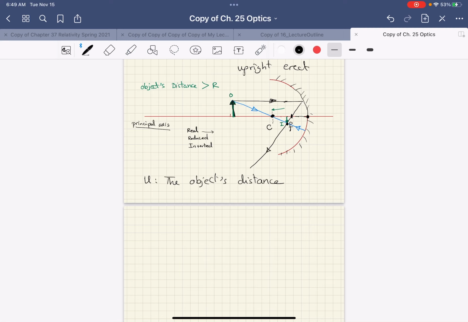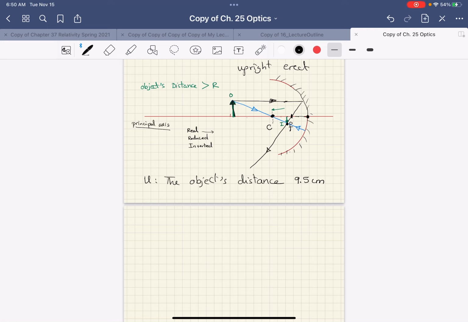If I calculate how many, 1, 2, 3, 4, 5, 6, 7, 8, 9, it's about 9.5 centimeters. It will not make a big difference, because my case is going to be verified: the object is sitting at a distance greater than R, so it's going to be the same.